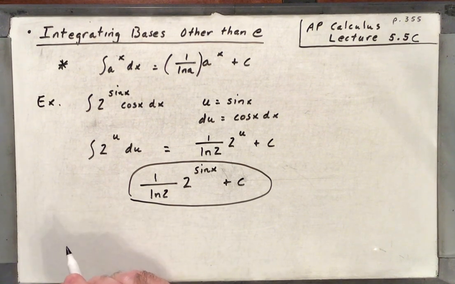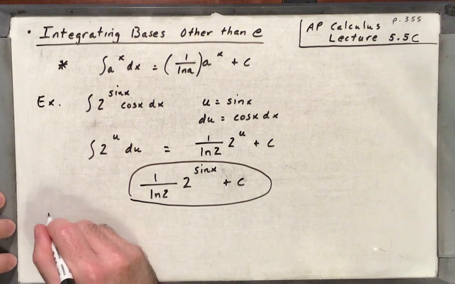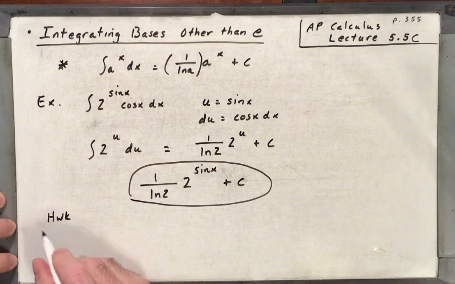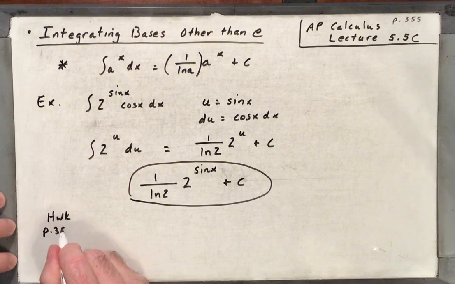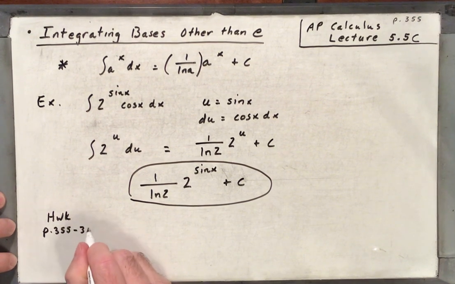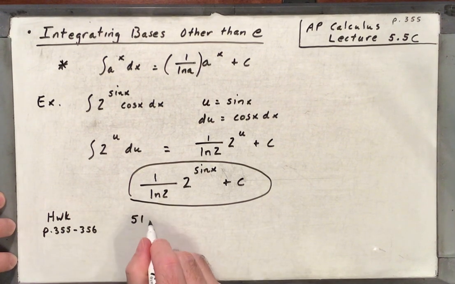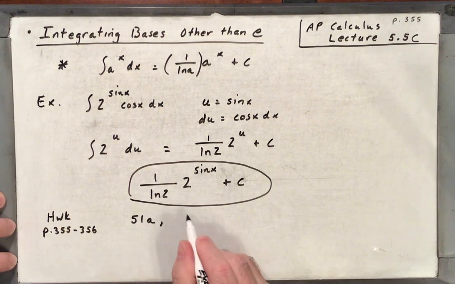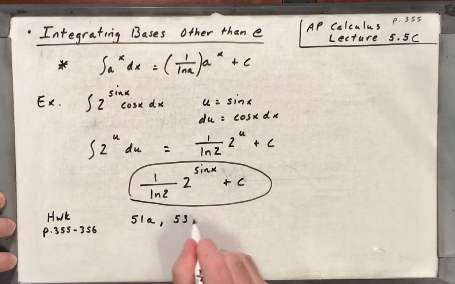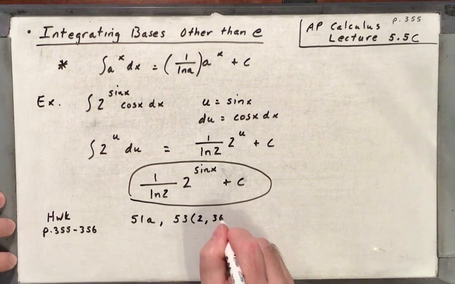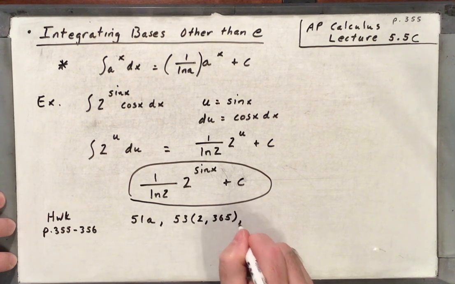Let me give you the homework. So the homework for the first part of the lecture, all this homework is from pages 355 and 356. You need to do 51A, 53. You don't have to fill out the whole table, just do 2 and 365 on 53.